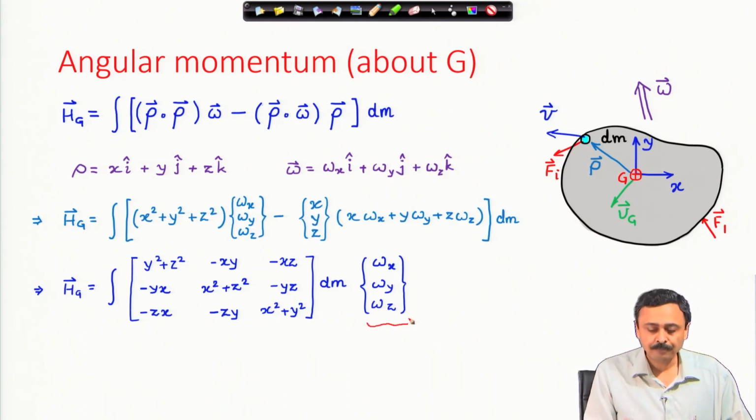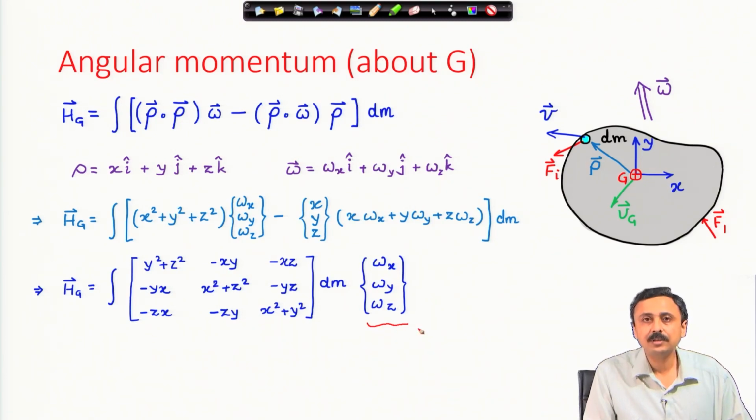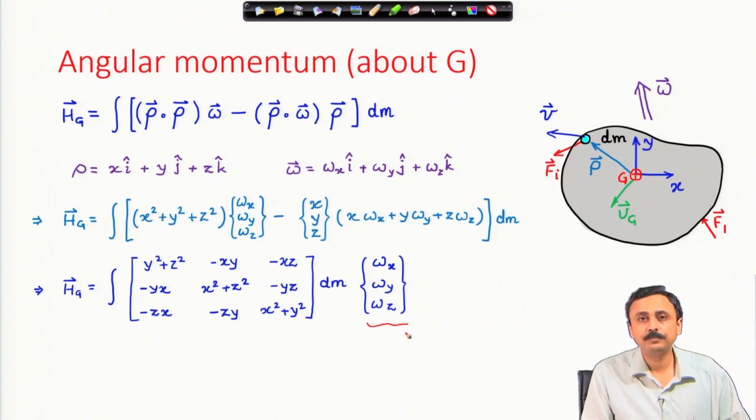This integral somehow measures the moment of the mass distribution. This is the second moment of mass distribution. Therefore, we have the angular momentum as the integral of this matrix times this column, which is omega, and which I can pull out from here.